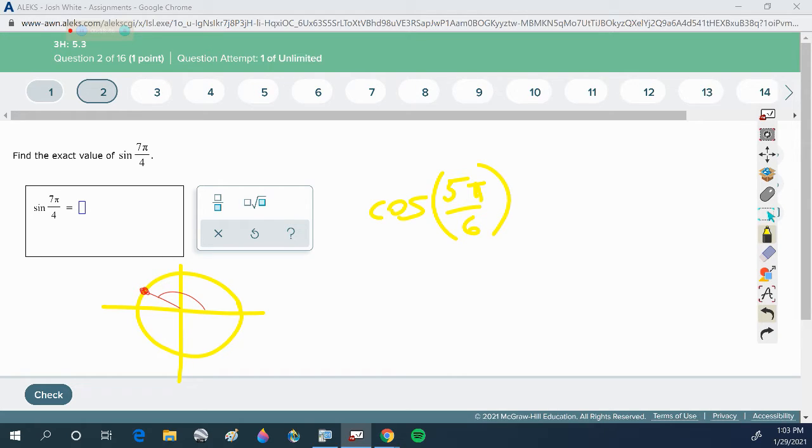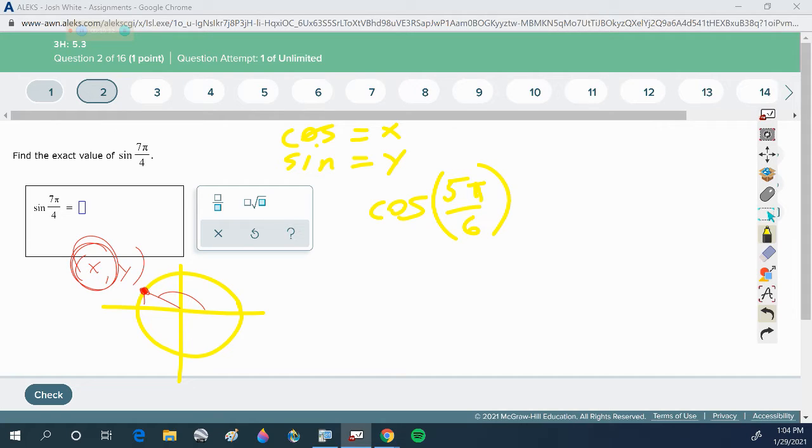For that point, am I going to do the x or the y? Well, here's how I remember it. Cosine equals x, sine equals y. They're in alphabetical order. Cosine comes before sine alphabetically. X comes before y. So what is the x value of this point?